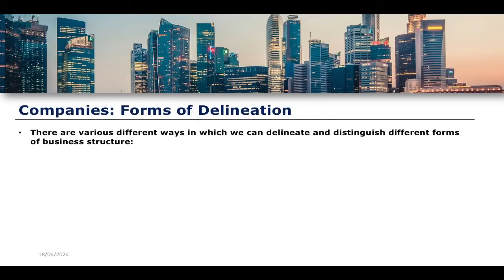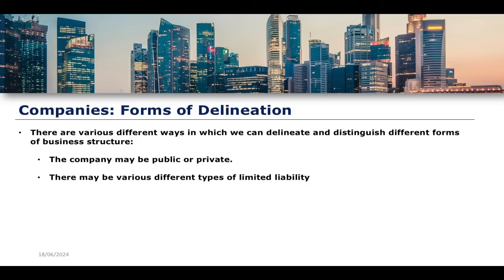In terms of delineating companies, there are various ways in which we can distinguish these different forms of business structures. For example, a company may be public or private. It may exist with various different types of liability. You can have unlimited liability corporations as well as limited liability corporations, the latter of which is far more popular than the former.